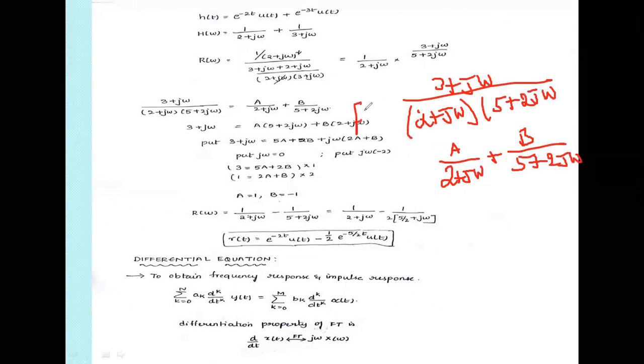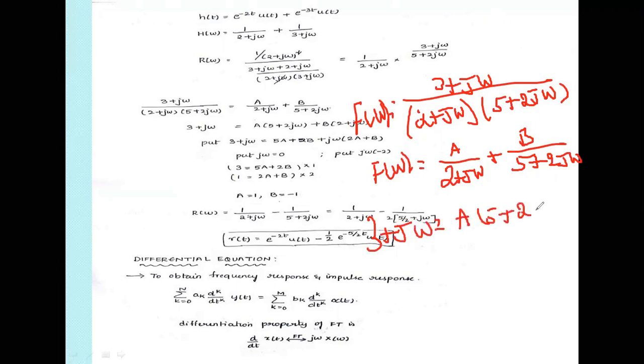This is nothing but F of omega as an input function. To find A and B, 3 plus j omega is equal to A into 5 plus 2j omega plus B into 2 plus j omega. Compare the constant terms: 3 is equal to 5A plus 2B.